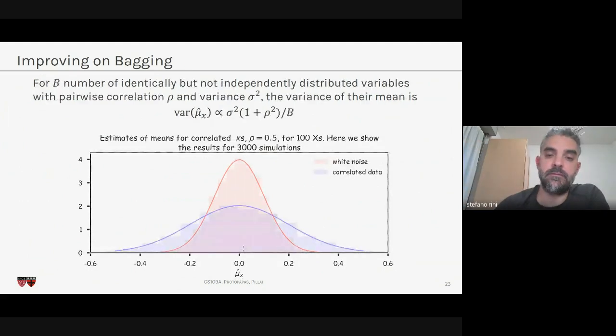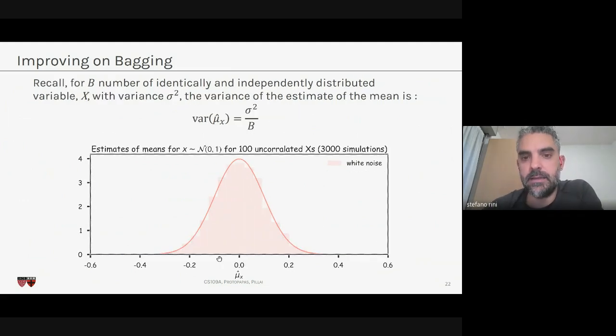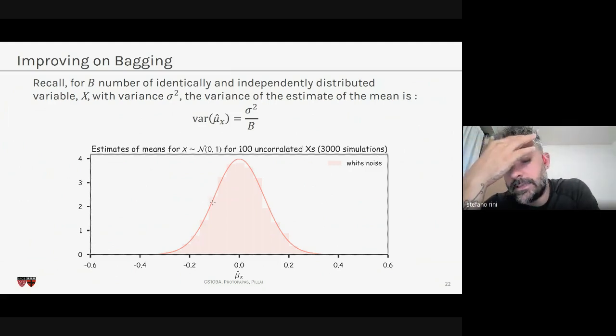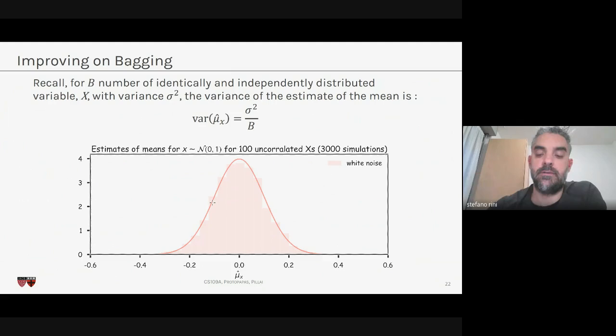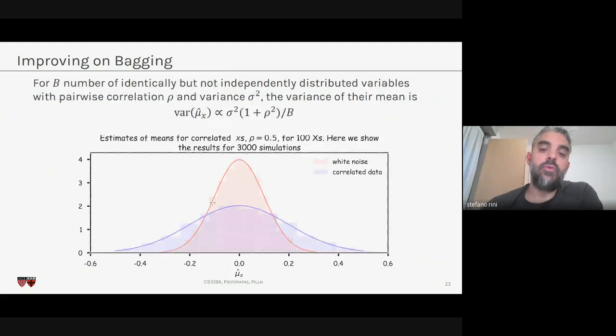And then you can ask yourself, if I repeat the same experiment 100 times, or 1,000 times, or 1,000,000 times, how does the variance of my estimate of the mean of the distribution decrease? It will always be sigma squared over B. Okay, so there is a linear decrease of the variance of the estimate of the mean with the number of samples.